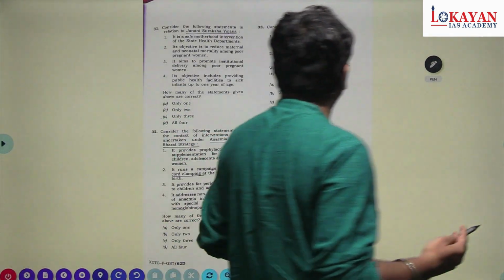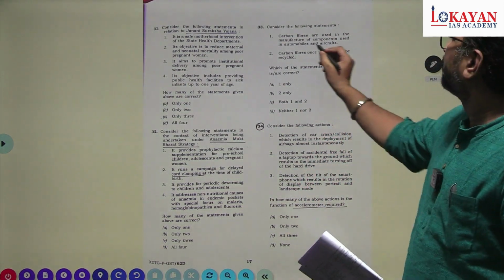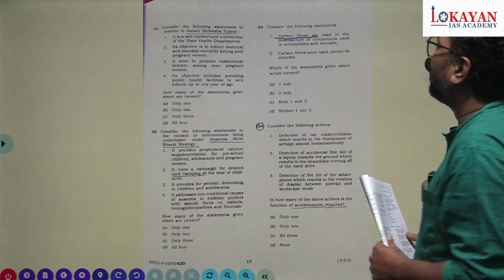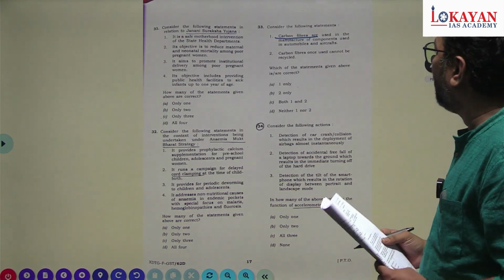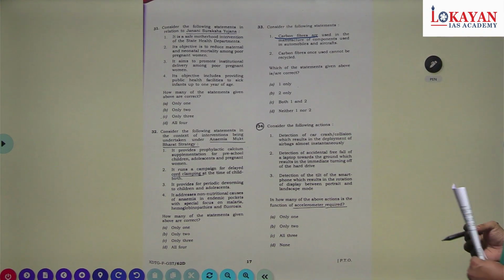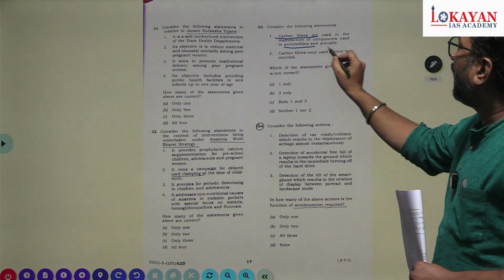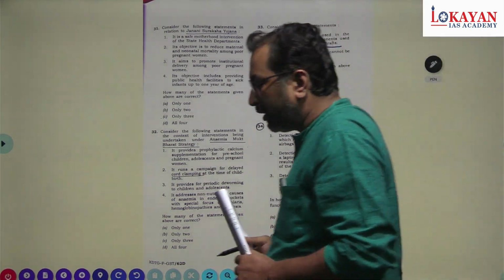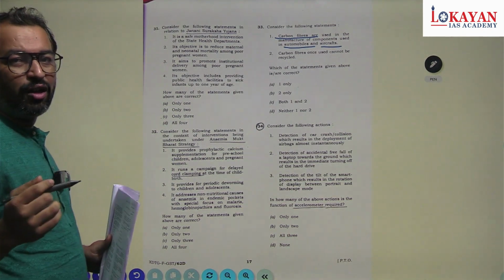Let's move to question number 33. It is related to carbon fibers. Fibers that contain majorly carbon as their base element are used in the manufacture of components used in automobiles and aircraft. That is the most important usage of carbon fibers. And why are carbon fibers used instead of other fibers?